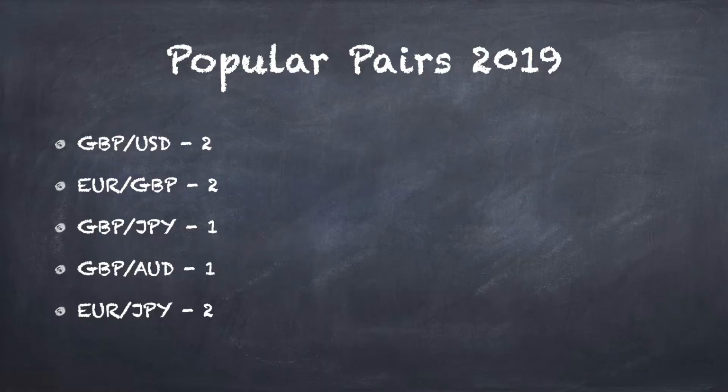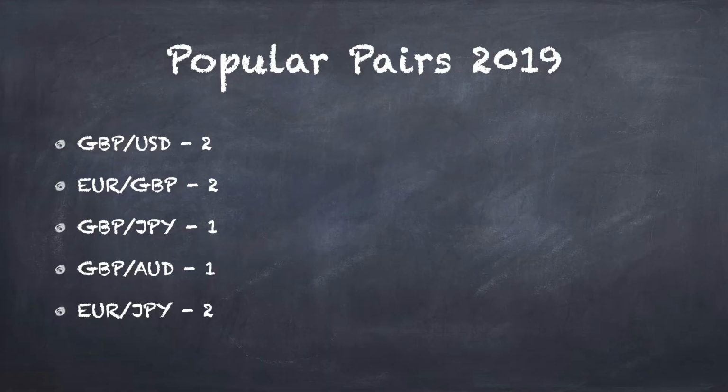Meaning that literally throughout the whole year, January through December of 2019, pound USD gave you 2 opportunities for the higher time frame trading. Euro pound, you see the numbers here, right?